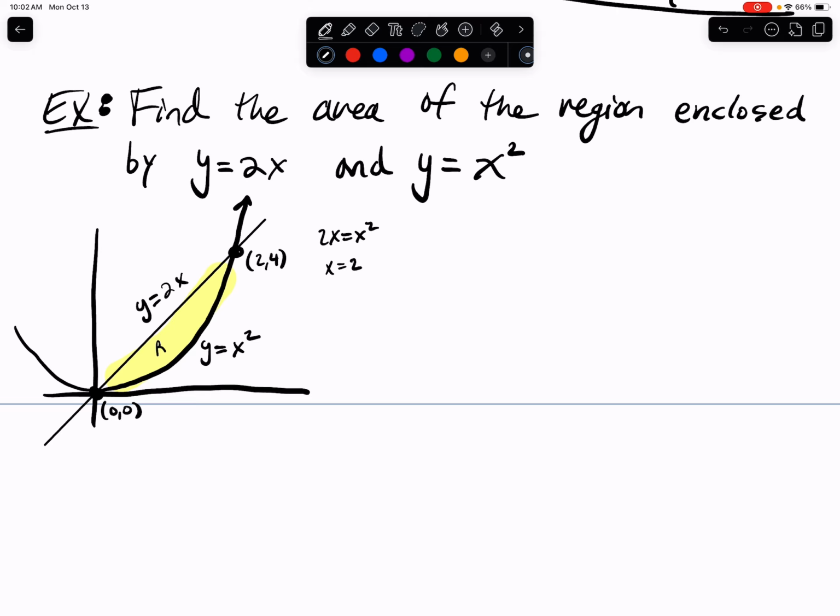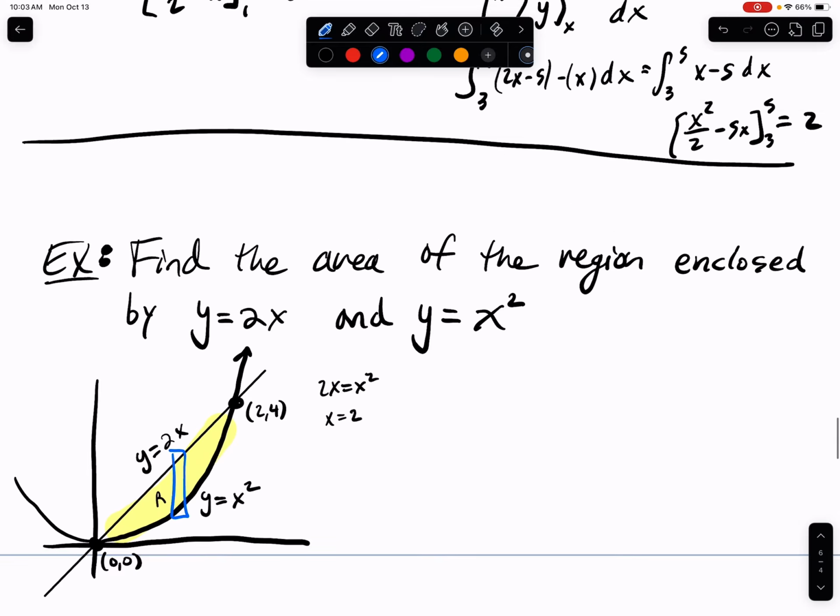Do we want to do x easy or y easy? I think if I do y easy, that works. The left is always the left and the right is always the right, same equation. But also notice, if I do x easy, is the top always the top?